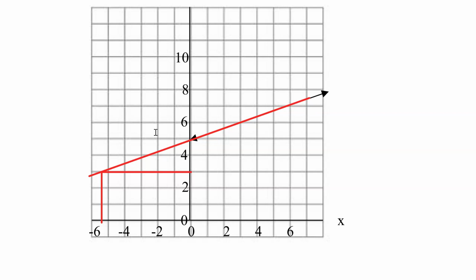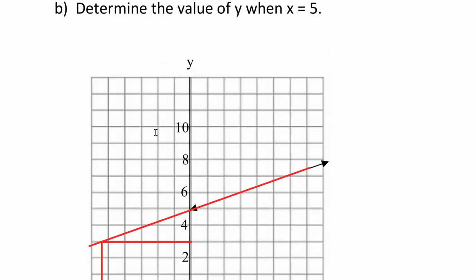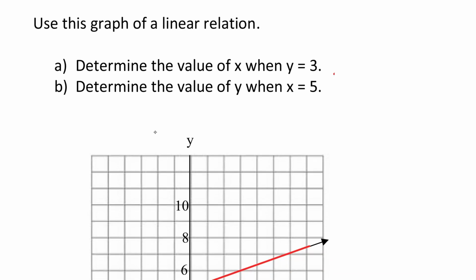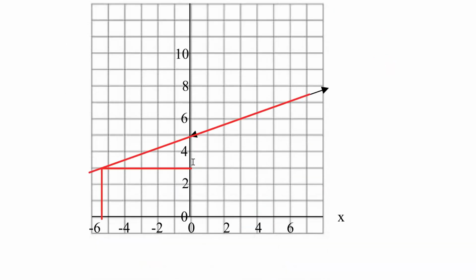So it's pretty close to the middle of -6 and -5. So I'm going to estimate that when y is 3, our x value is approximately, now I use this squiggle line to mean approximately, -5.5.